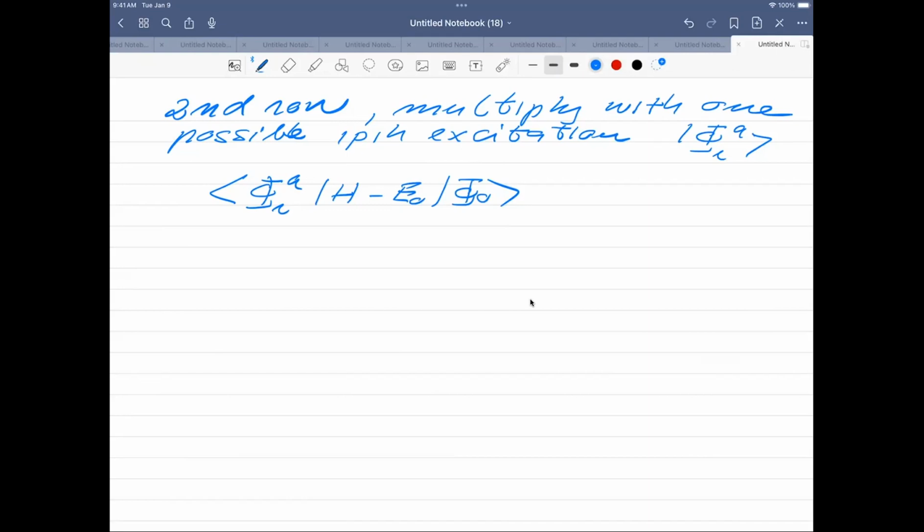And then I have the next term, which contains all the possible one-particle, one-hole excitations I can have. So there's going to be a coefficient c_j^b, and then phi_i^a, H minus E0, multiplied with phi_j^b. So that's the next term.